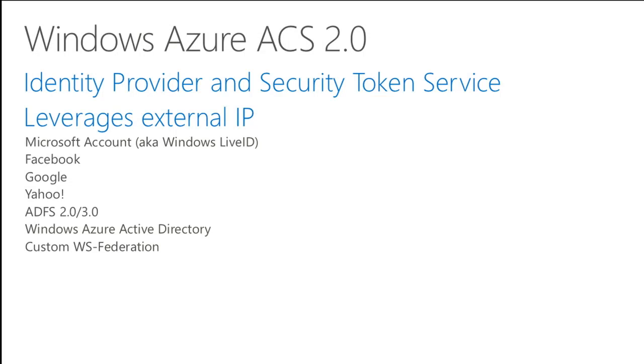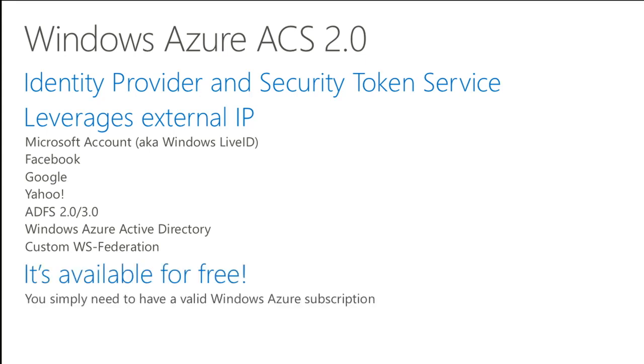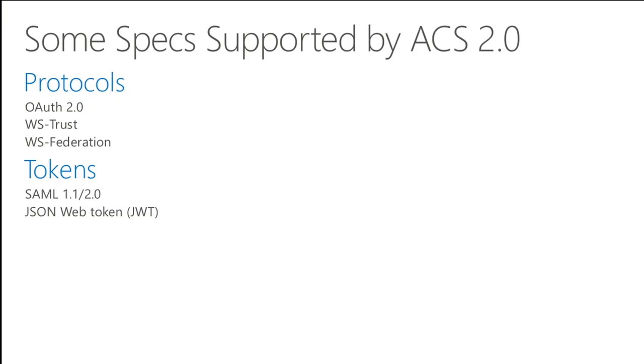But the key feature of Windows Azure ACS is the pricing model, because it's free. Okay? So you don't have to pay for it. You simply need to have a Windows Azure subscription, and you can create as many ACS namespaces as you want. It's free, and it's great, of course. Some of the specs supported by ACS 2.0 are OAuth 2.0, which is used by Office 365 as well.